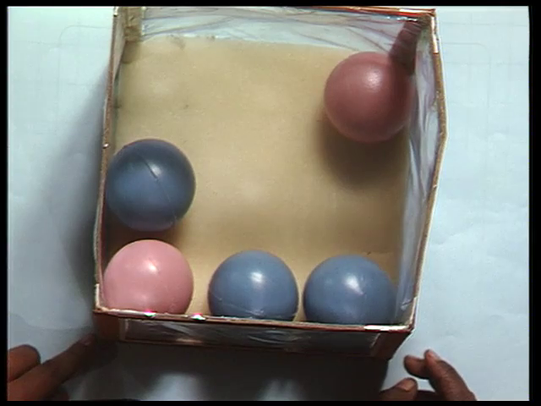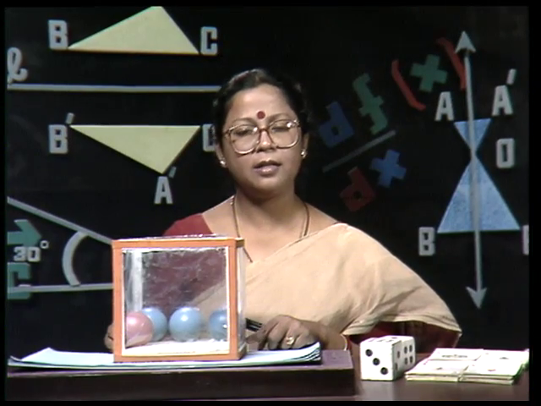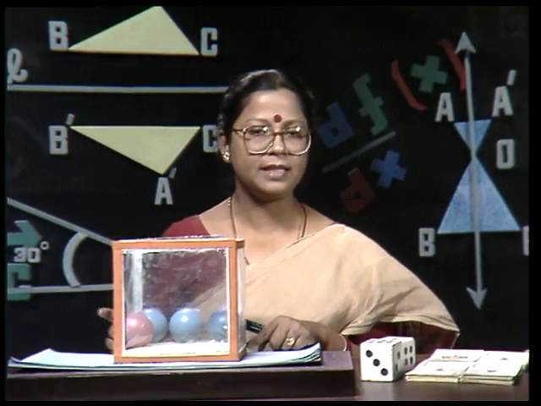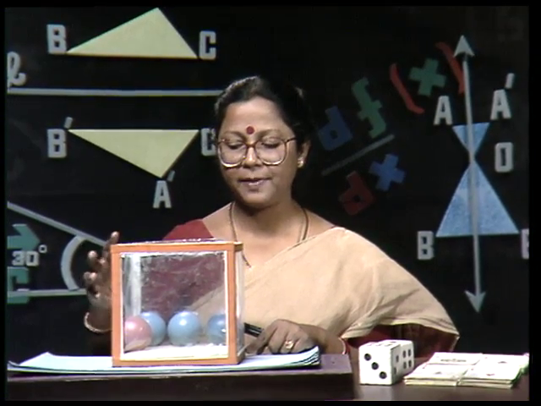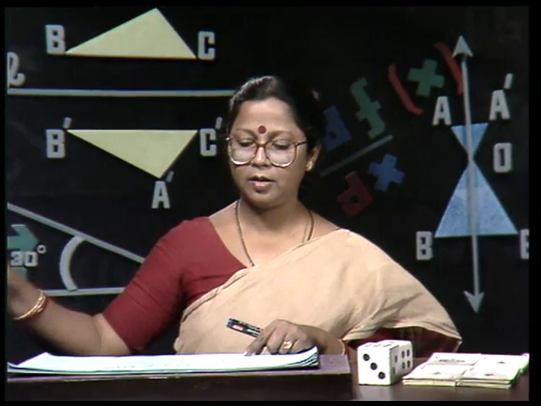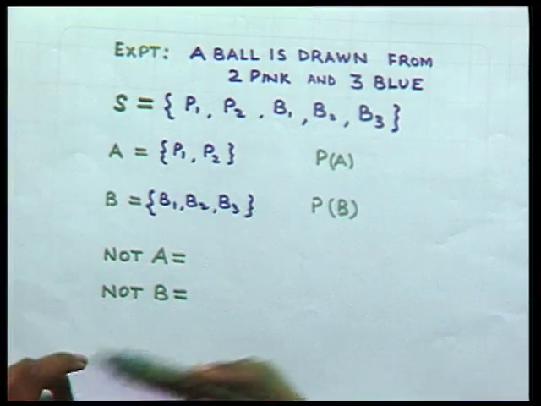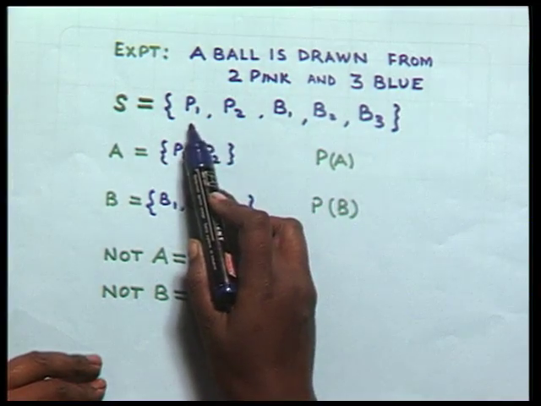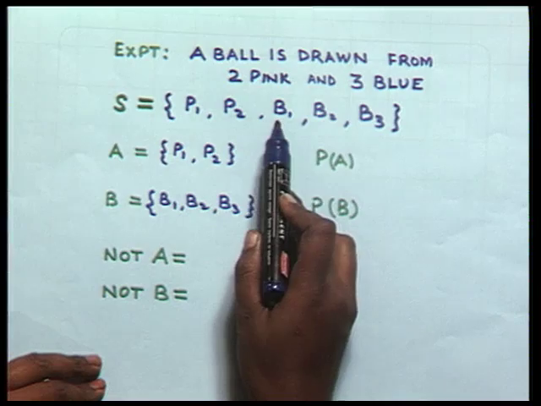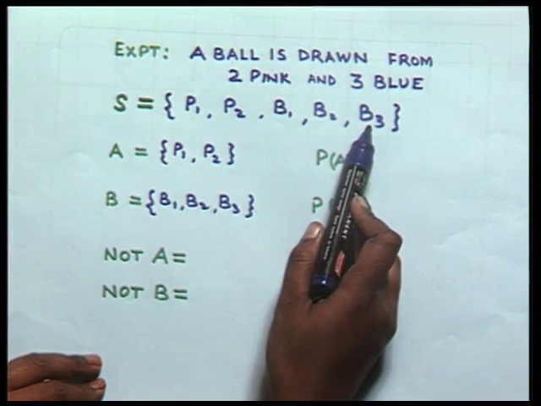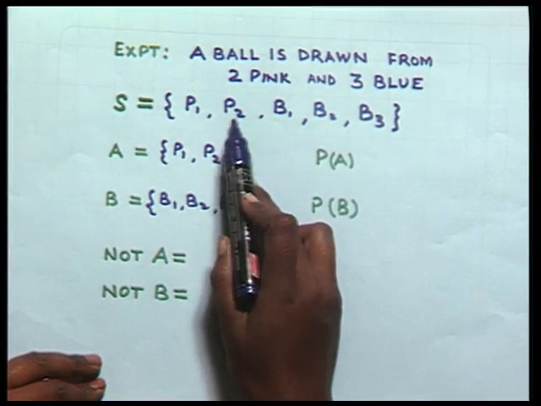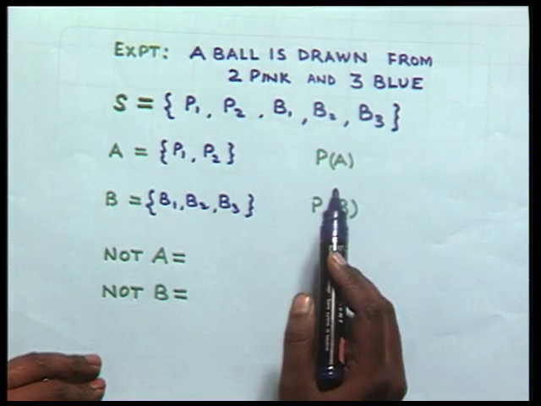The experiment is to pick up a ball from this container. So, the sample space will contain all the 5 elements as the outcome, that is P1, P2, B1, B2 and B3, that is, the 2 pink balls and the 3 blue balls.